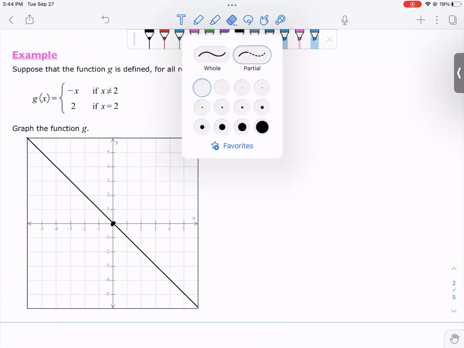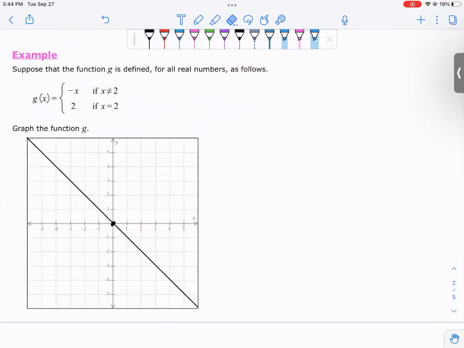We don't use this portion of the graph if x is equal to 2. So at that portion, I'm going to put an open circle to denote that there's nothing there. Then at x equals 2, it says the y value should be 2. So I'm at x equals 2, and I'm going to plot a point right here.